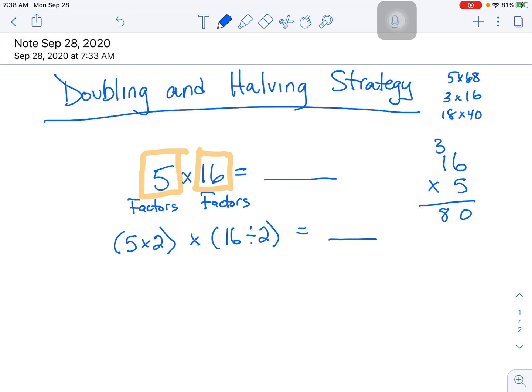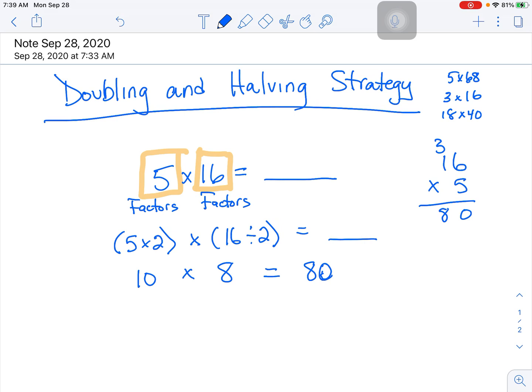But if I start to think about these numbers, I know that 5 times 2 is 10. And I know that 16 divided by 2, or 16 being cut in half, is 8. And if you notice, I now have a very easy math problem because anytime I'm multiplying times 10, I can take the second number, the 8, and add the 0 to make it 80.